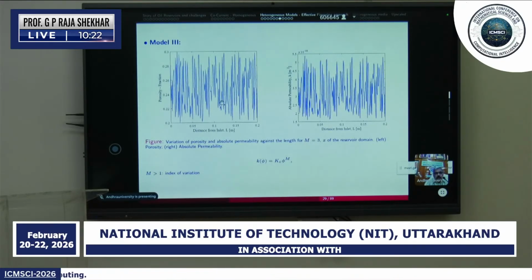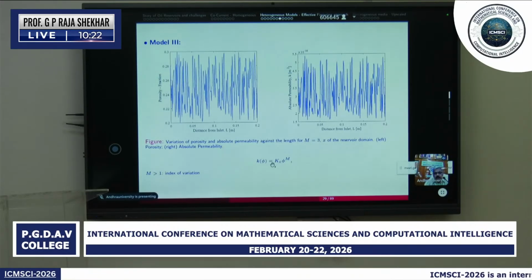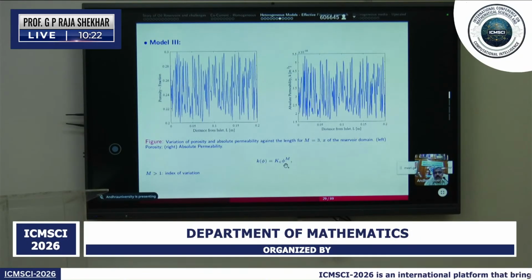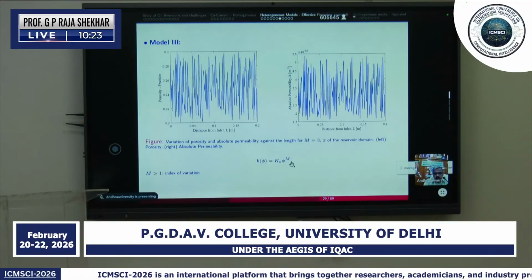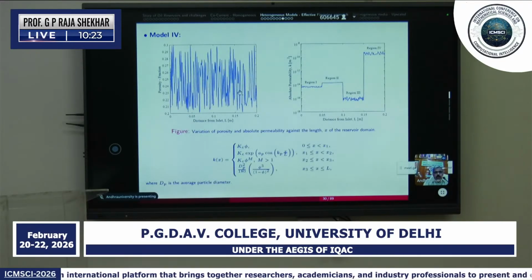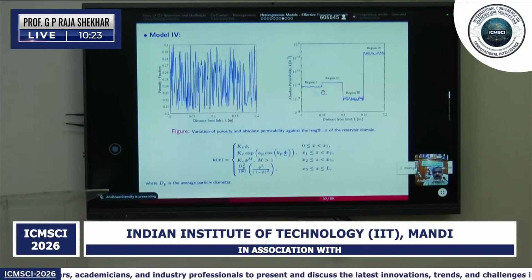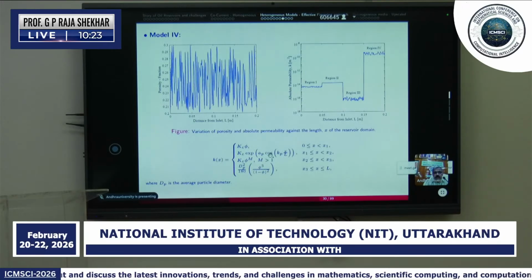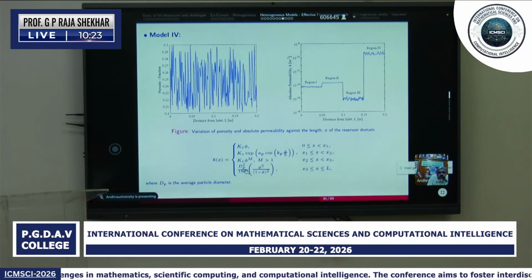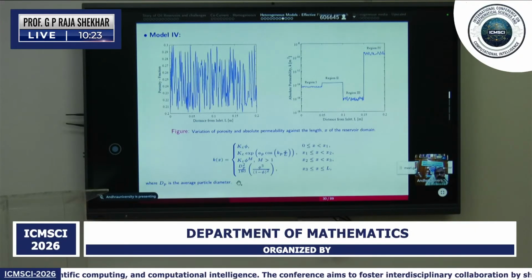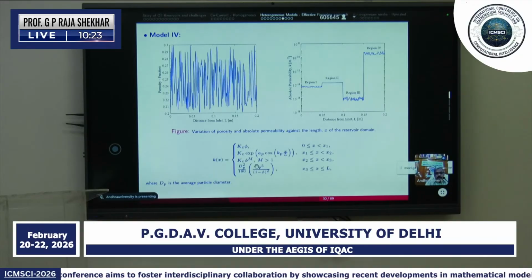Model 3: porosity is random, permeability is a constant multiple of the exponent of porosity with a positive exponent. The fourth: porosity is random, but permeability changes blockwise. For the first block, the first model, second block, second model, third block, third model, and the last block uses the Kozeny-Carman correlation, which depends on the mean particle diameter of the particle packing in the porous medium.